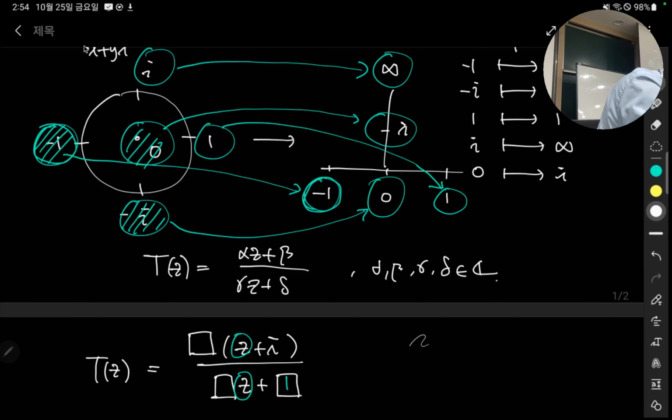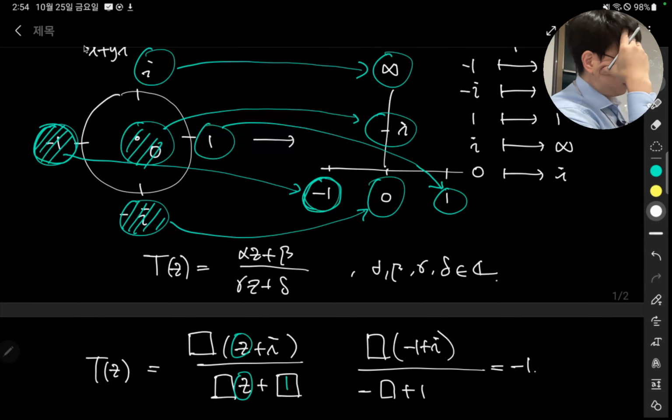That means -1 plus i multiplied by something over something times -1 plus 1 equals -1. What should it be here? It's not a guess and check, but the way of finding alpha, beta, gamma, delta can be done by guessing. Once we find alpha, beta, gamma, delta, there is only one possibility.